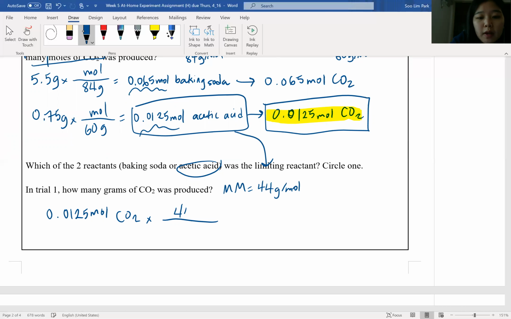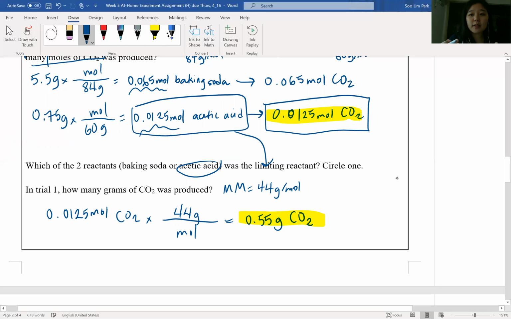I multiply the moles by our molar mass and I get 0.55 grams of CO2. What this means is, remember when we did trial 1, the gas that was produced in that little Ziploc bag was carbon dioxide, and we created 0.55 grams of carbon dioxide in that bag.